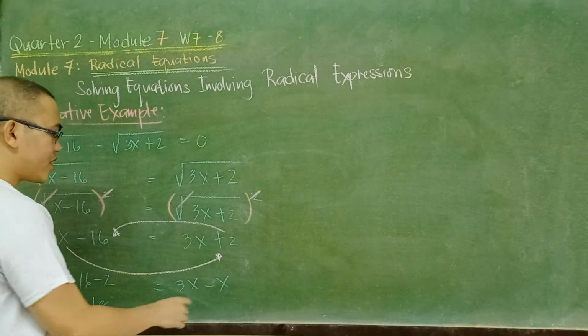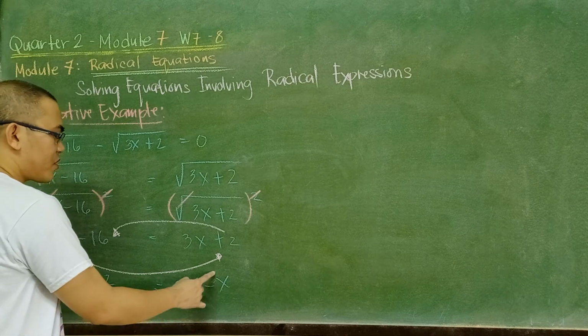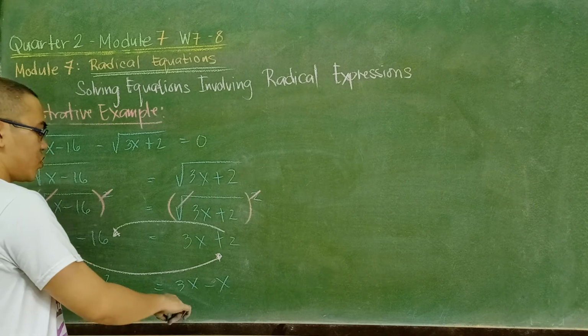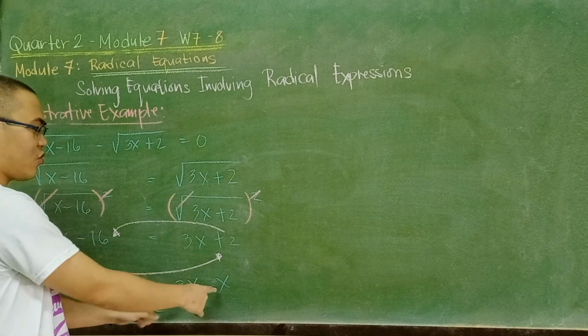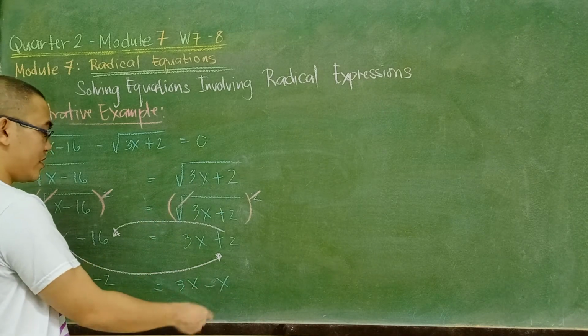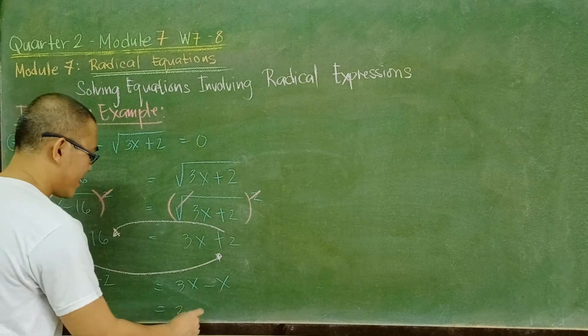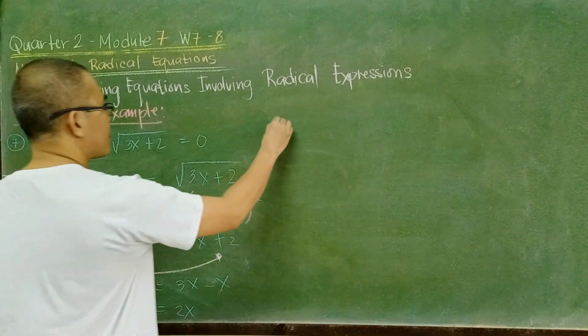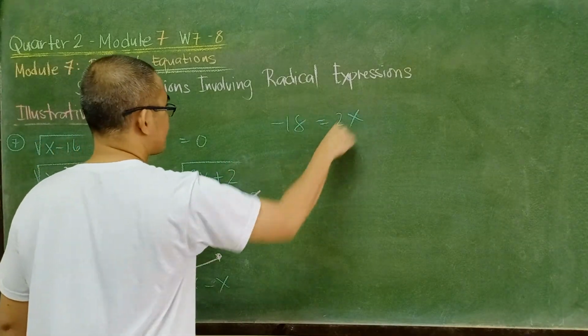So, again, reminder lang, 3x to, dito pag walang number, ibig sabihin this is 1. Hindi lang naka-indicate. So, therefore, you have to subtract yung mga numerical coefficient, 3 minus 1, that is 2, and then copy yung mga variable. So, you have negative 18 is equal to 2x.